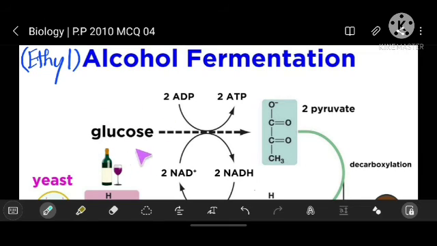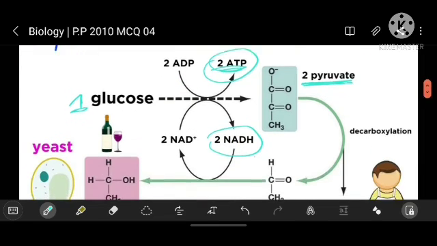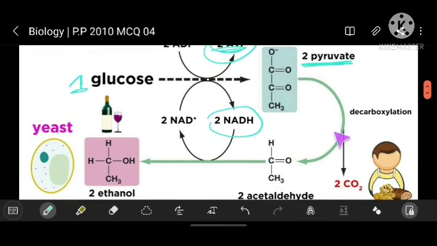One molecule of glucose is converted to two molecules of pyruvate, giving two molecules of ATP and two molecules of NADH.